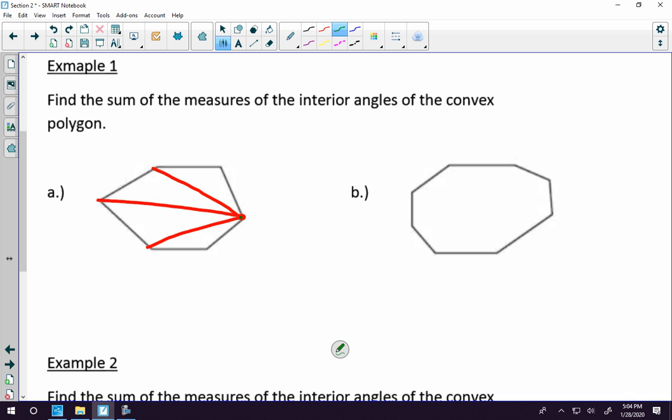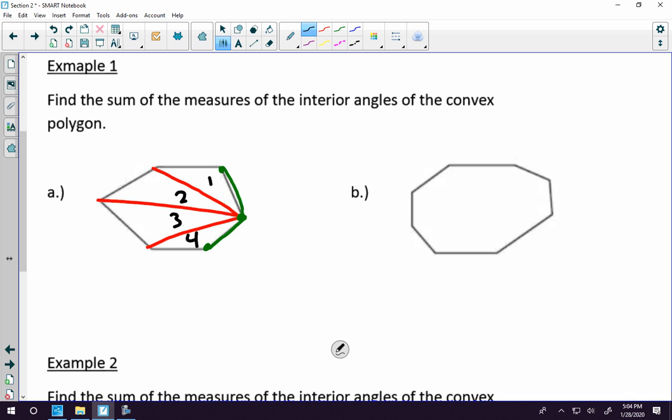Again, notice I cannot create a triangle from here to here or from here to here. Let's count how many triangles we have in here. Well, there's 4 triangles in there. So we got a convex hexagon, which means it has 6 sides, and there's 4 triangles in there.